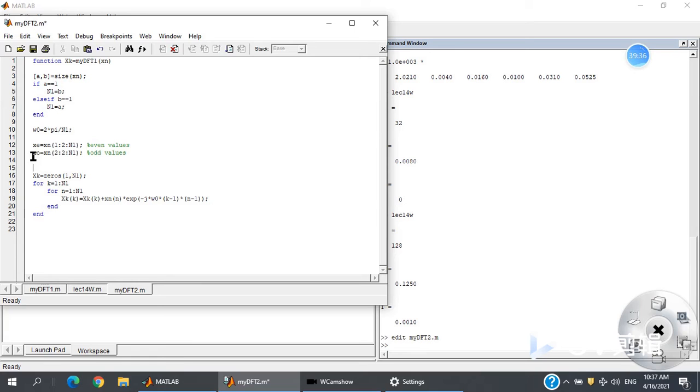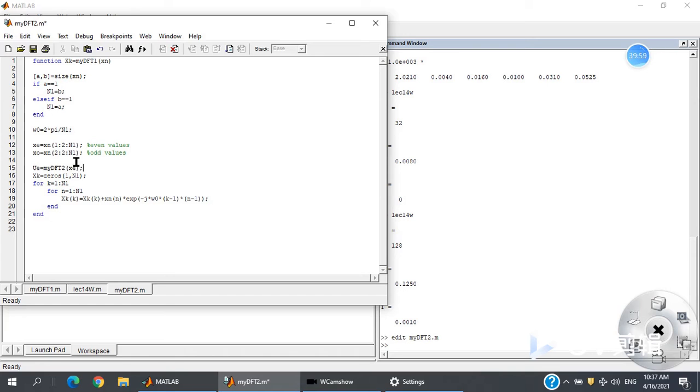Then I will perform, let me see, I use ue equal to DFT2 of xe. It's still my DFT1, but another one, I call it DFT2.